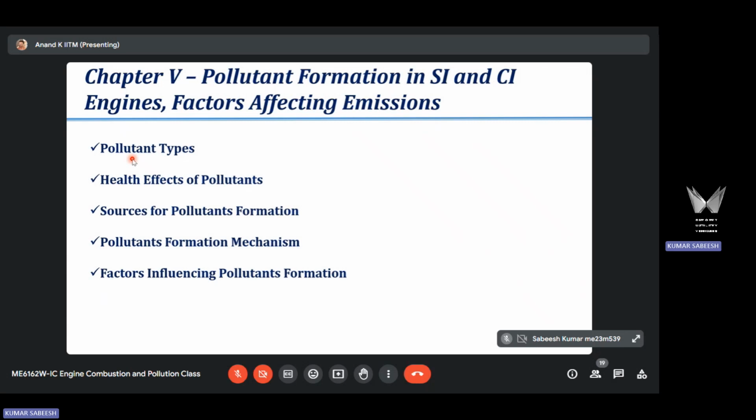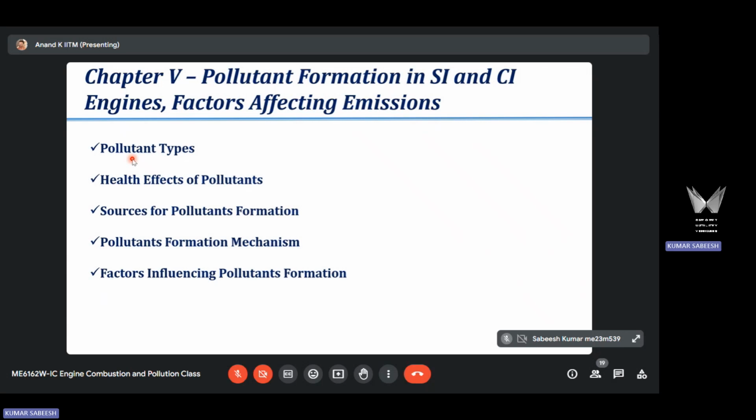In the total NOx, NO and NO2 levels will be different for the two engine categories, but the total value of NOx will be of the same order. The reason I'm asking is, sir, you have taught us that the average operating temperature of SI engine is quite higher than the CI engine because of rich fuel mixture, if I'm not wrong. And we have read that NOx is a function of the temperature that the combustion chamber sees. So if the combustion chamber temperature is higher in SI engine, why are both engines ending up producing the same level of NOx?